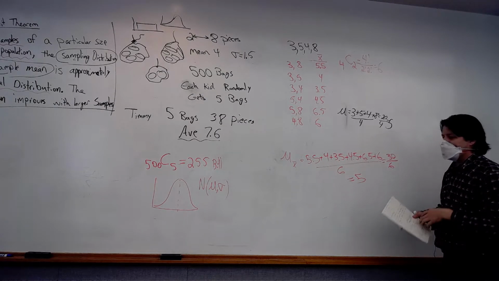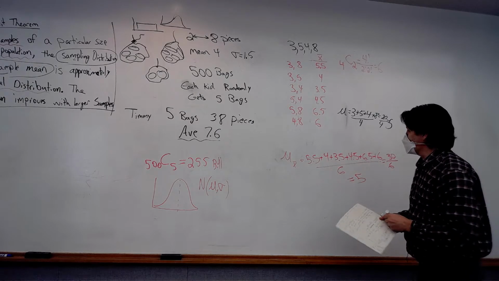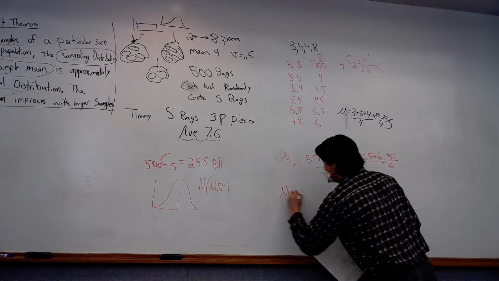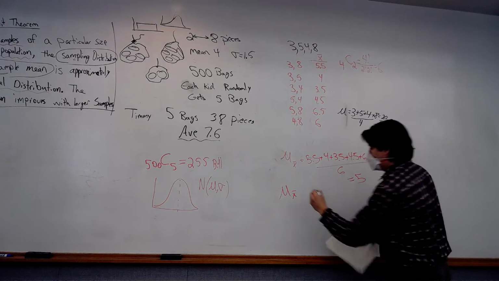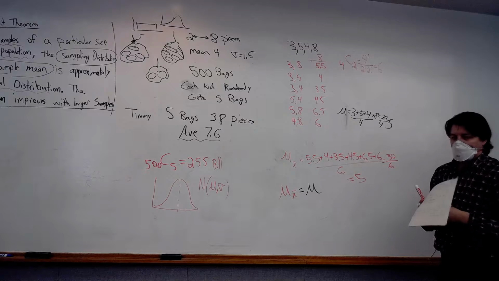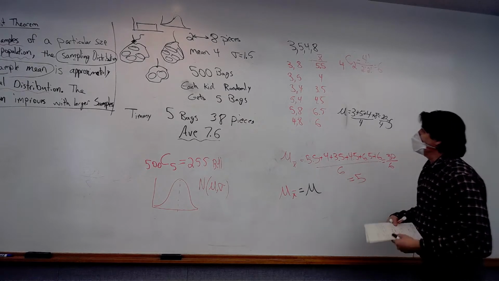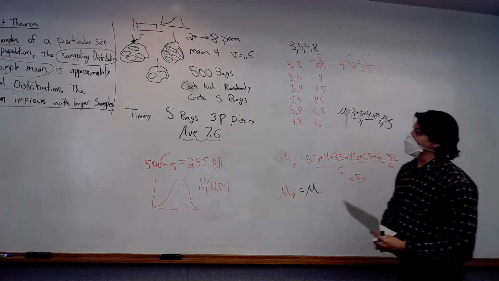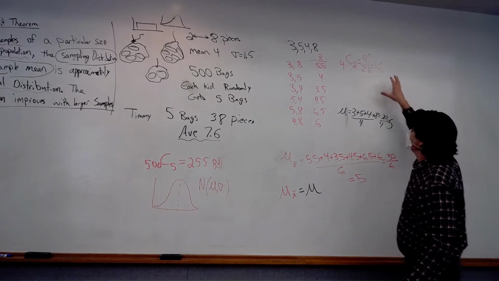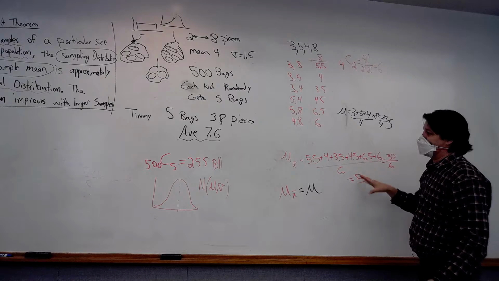And that is an important result: the mean of the sample means is equal to the population mean. So if we know the population value, here we do, it's 5. The mean of the sample means is also 5.